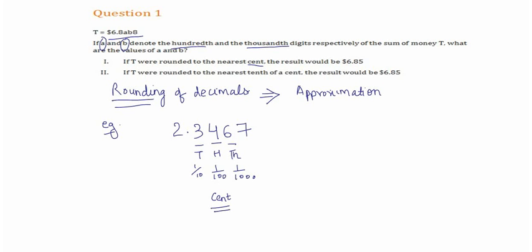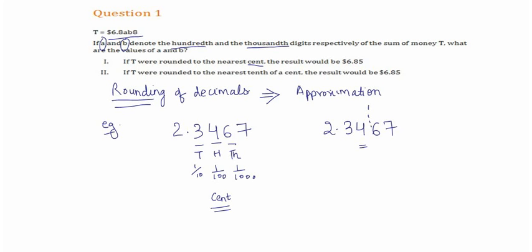Now let us try to figure out how we do rounding of decimals. Let us take this number 2.3467 and round it off to the cent position, which is the 100th position.